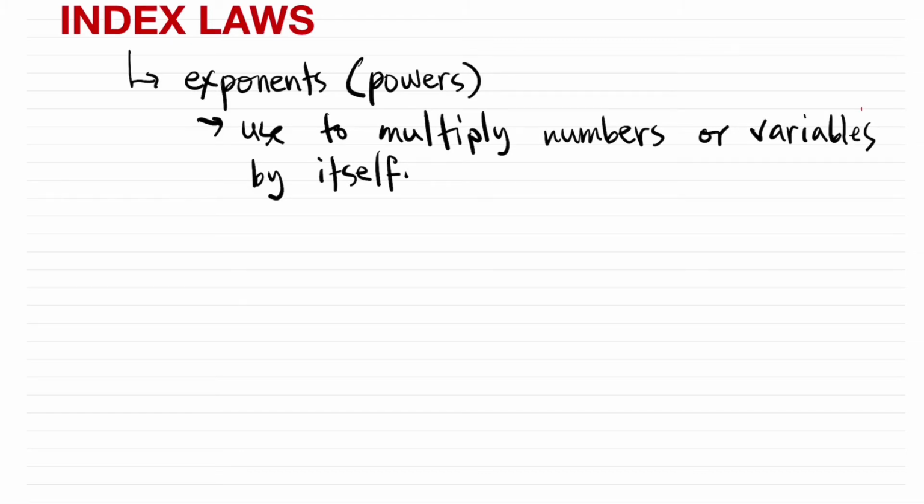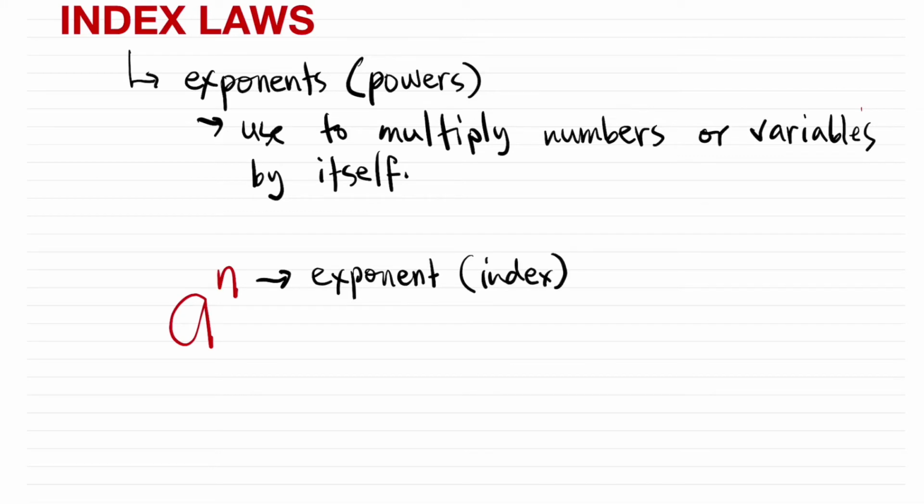Now, I have here, for example, a to the power of n. And here is our exponent, or this is our index. And a here is the base, or sometimes this is called coefficient, and sometimes these are called constants.